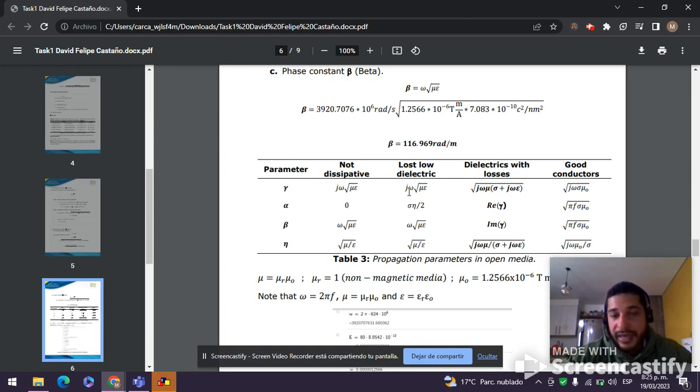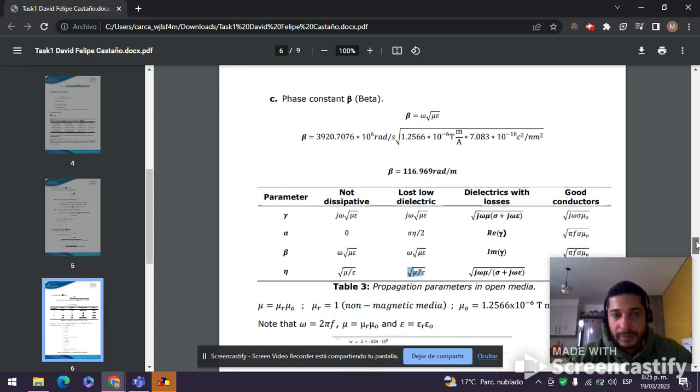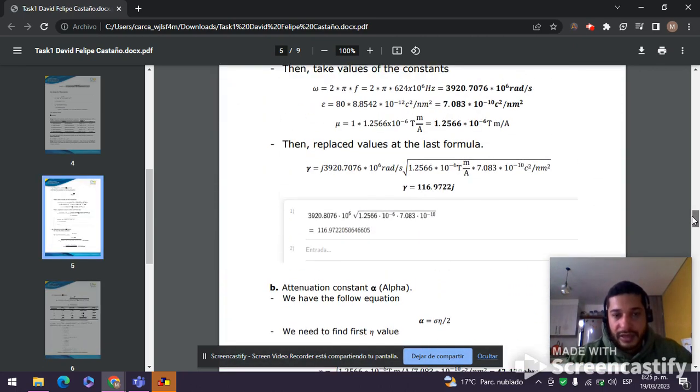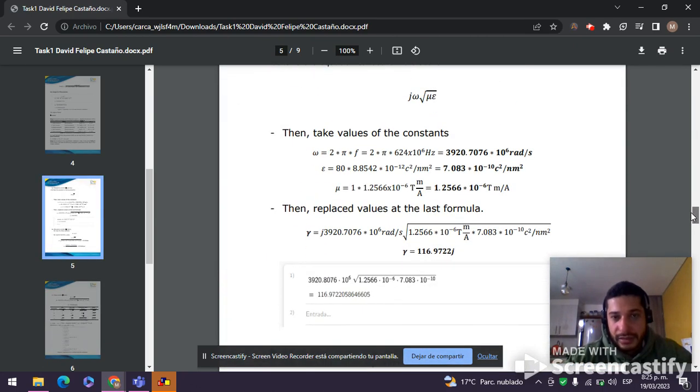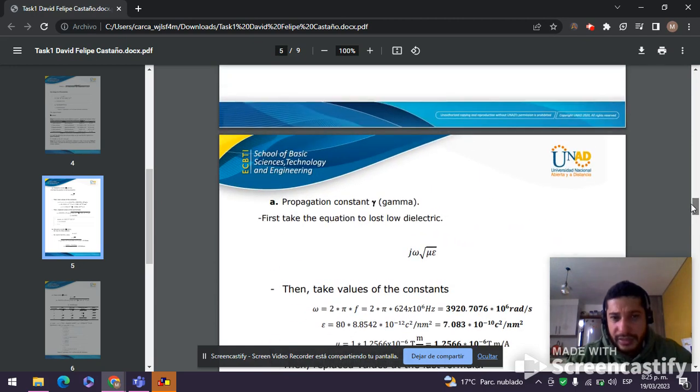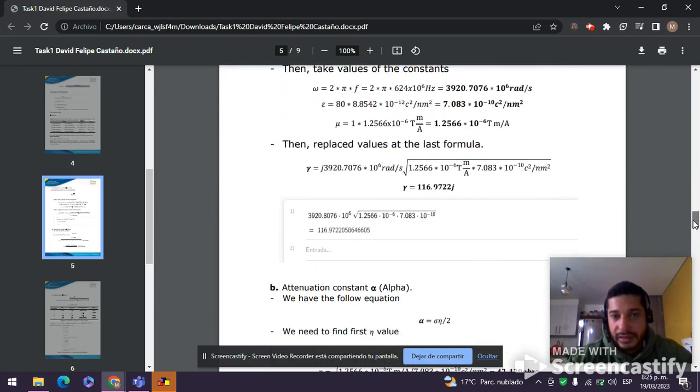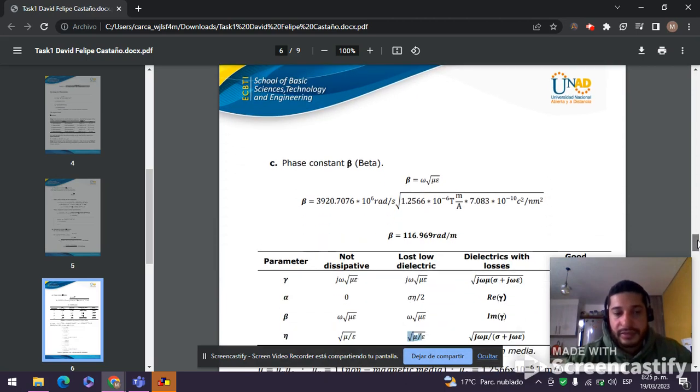With that, I will get the equations and replace the constants in this formula. It's like for alpha, beta, and gamma. Gamma, like this. Okay, this is the part.